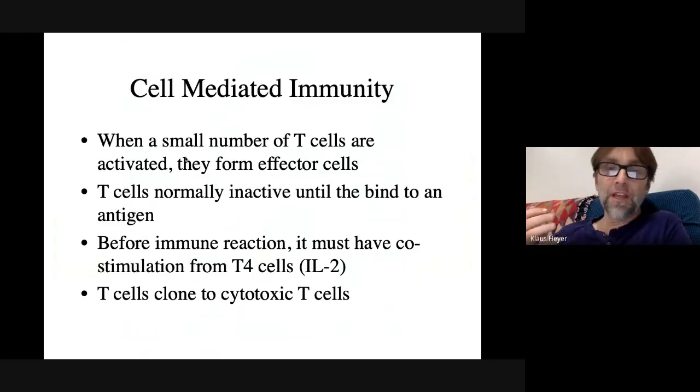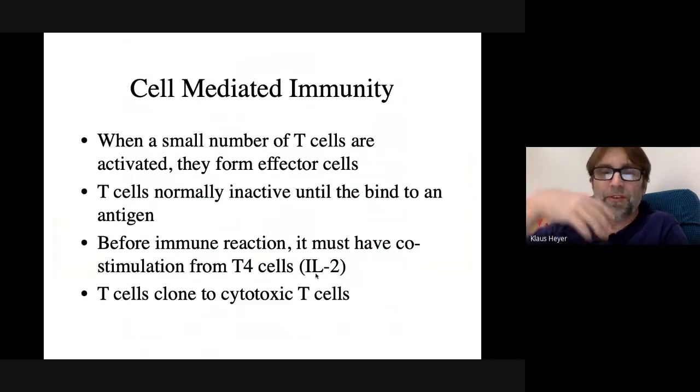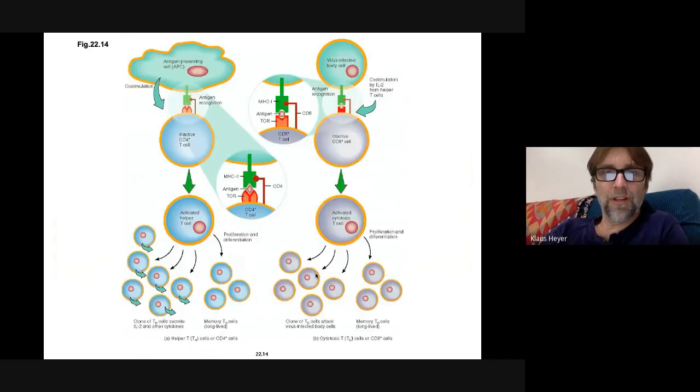Well, actually, I shouldn't say that. They're getting ready to clone. But before they can start cloning, they have to get a stimulation from the T4 cells. And that stimulation is a chemical called interleukin-2. It's a type of chemical that we call cytokines.